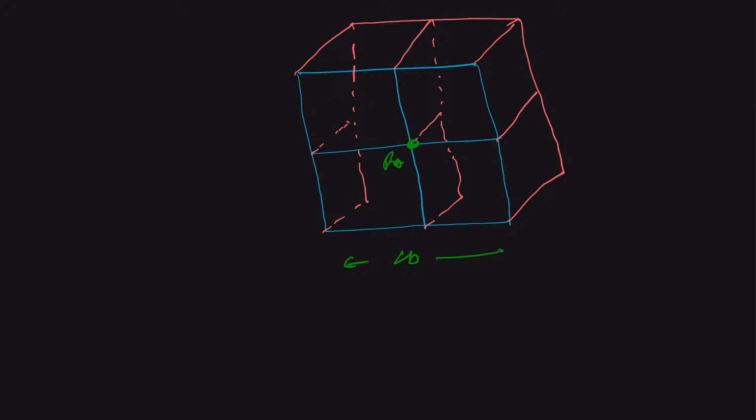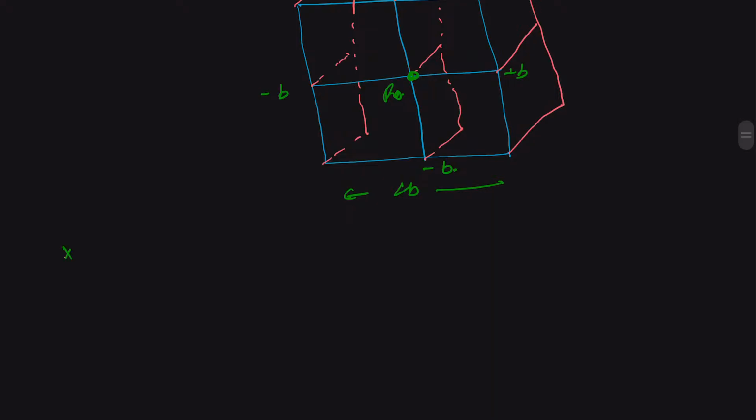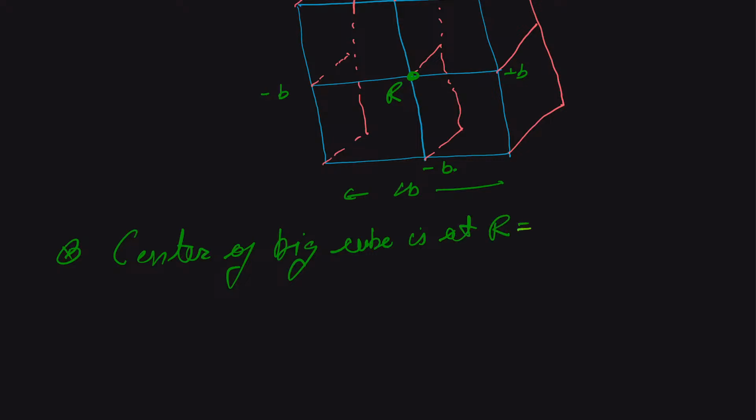So these are the respective coordinates: minus b, plus b, plus b and minus b. We can say the center of the big cube is, sorry, this is our R, not R0, is at R, which is 0 comma 0 comma 0.